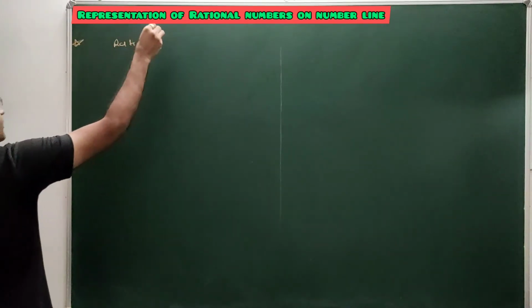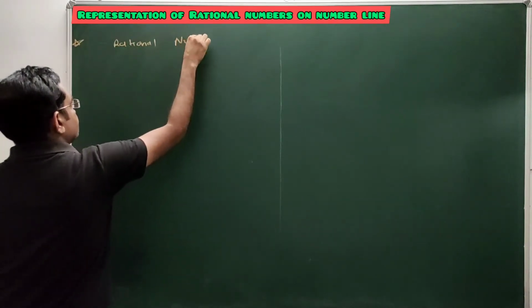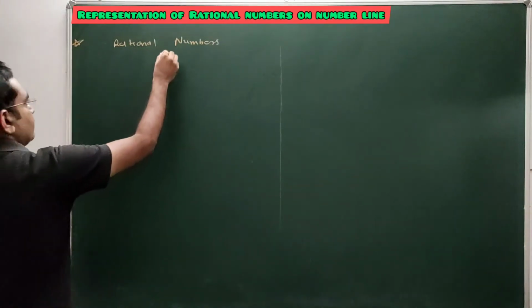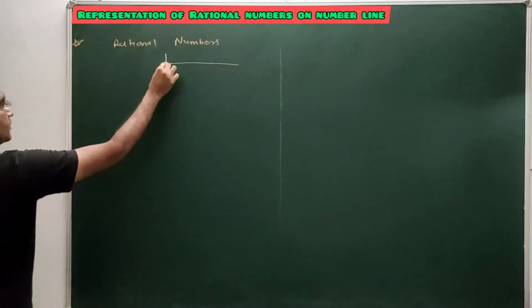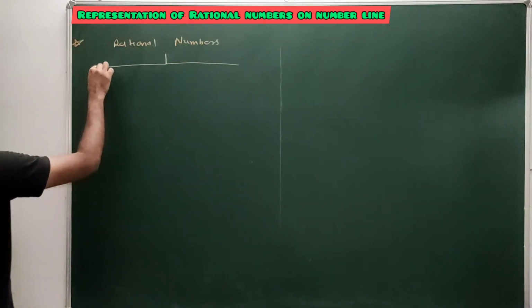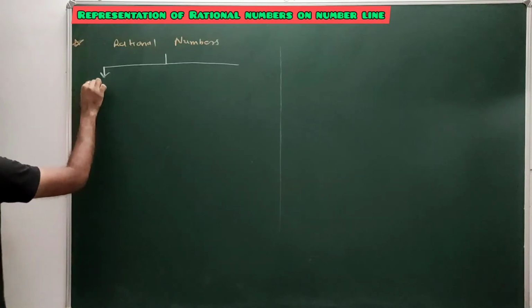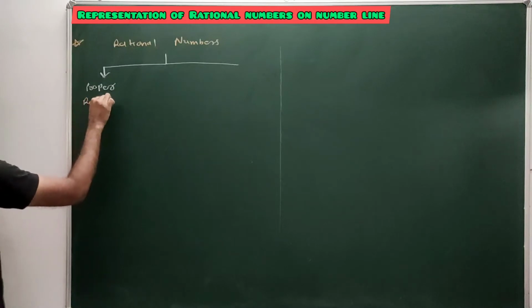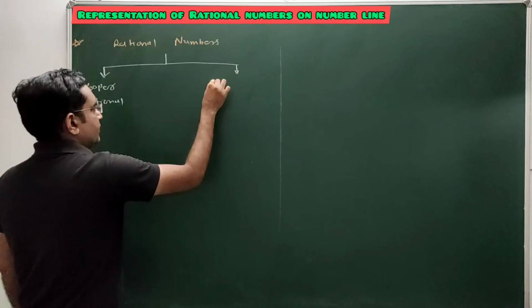If we talk about the rational number, basically there are two types of rational numbers. Either it can be a proper rational number, or it may be an improper rational number.